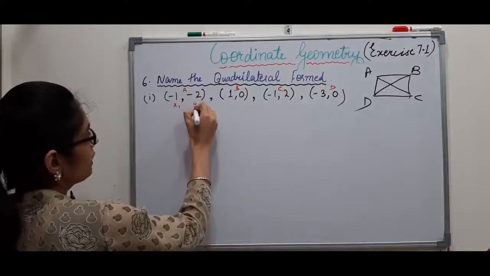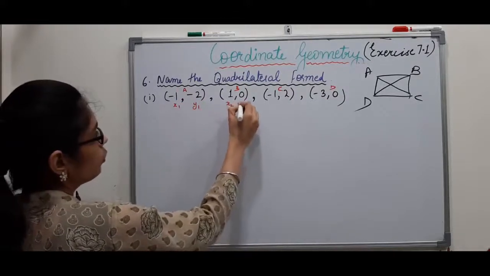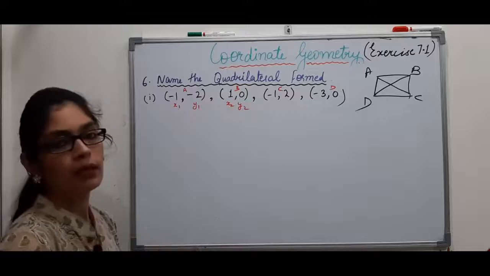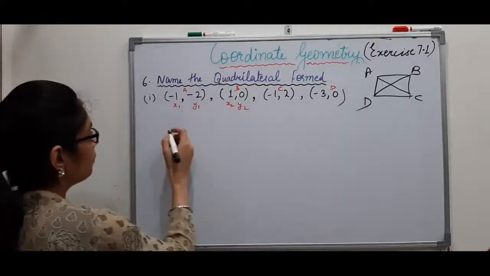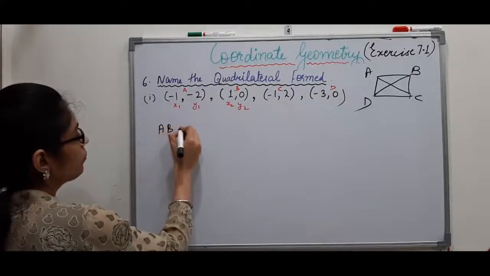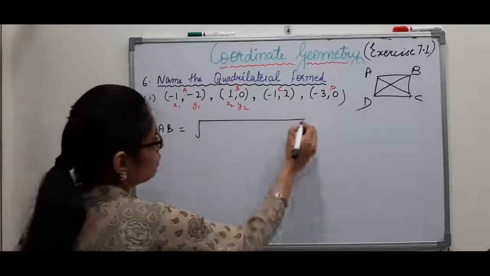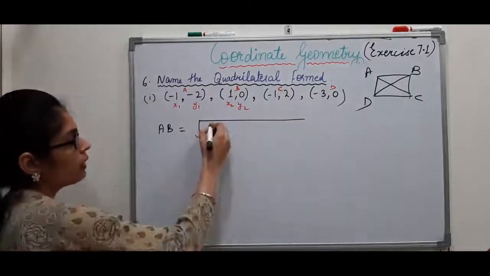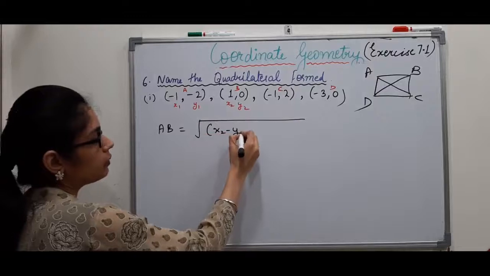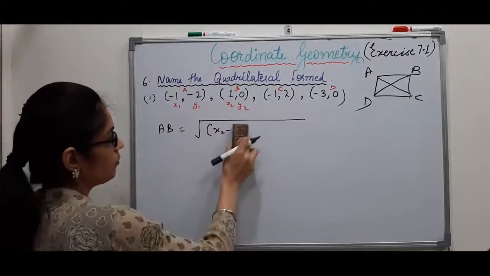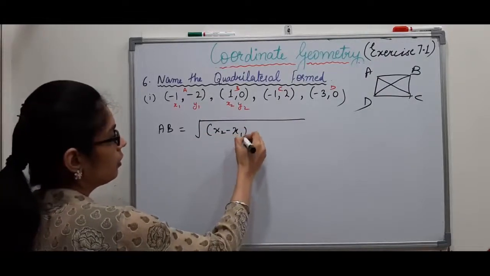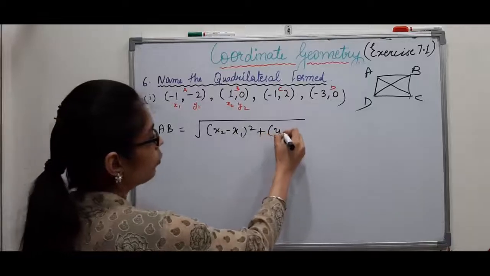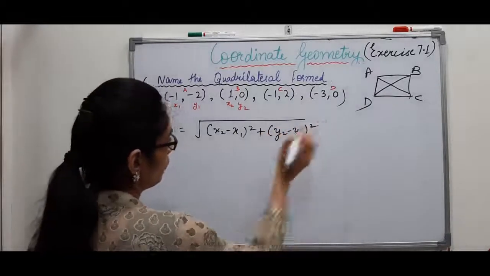So this is x1, y1 and this is x2, y2. So the distance formula, I hope you remember. AB is equal to square root of (x2 minus x1) whole square plus (y2 minus y1) whole square.